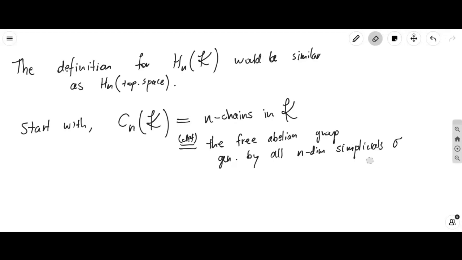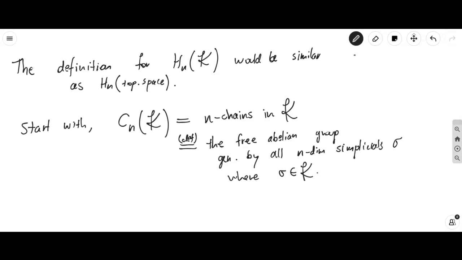This is consistent with the notation we use for the geometric n-dimensional simplex, because the coordinates start counting from 0. So you have n plus 1 coordinates, but the dimension is n. So, n-dimensional simplices sigma, where sigma is already in K. That is the distinction.